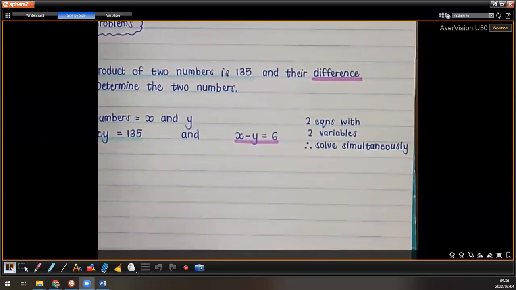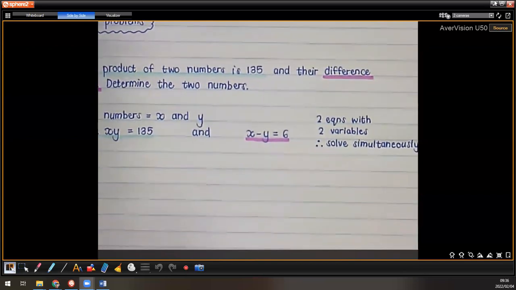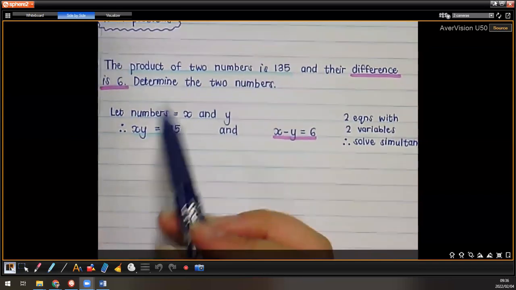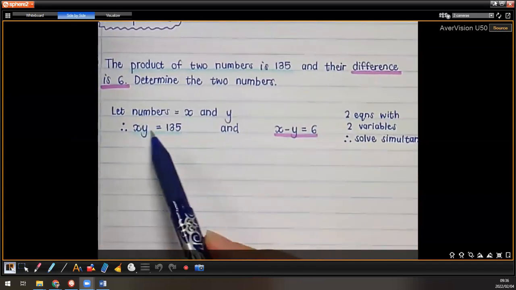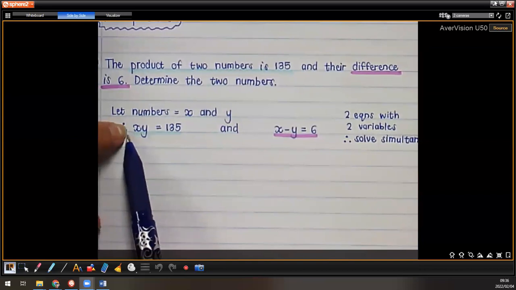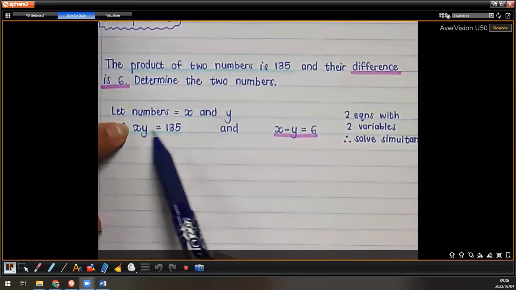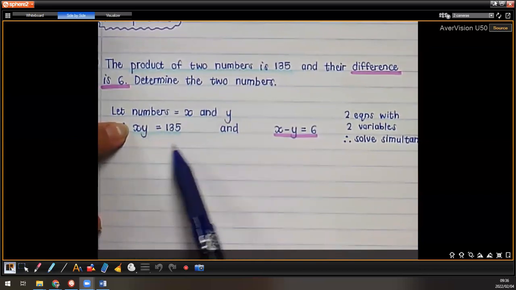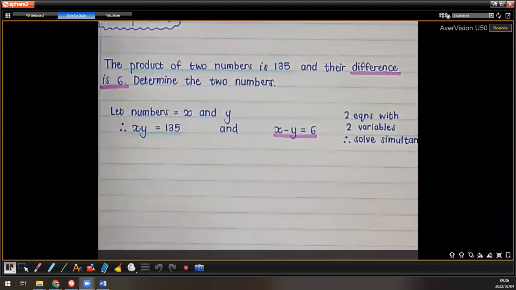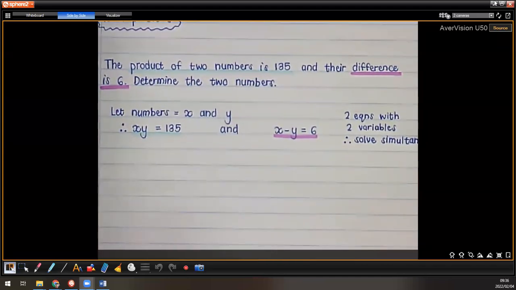Guys, we've done lots of practice with simultaneous equations. We need to look at the two equations that we have and identify in which equation it will be the easiest to isolate one of the variables. I'm not going to use the first equation for that because if I want to isolate x, I'm going to have to do 135 divided by y, and then I'm adding a fraction into it, which we should try and avoid.